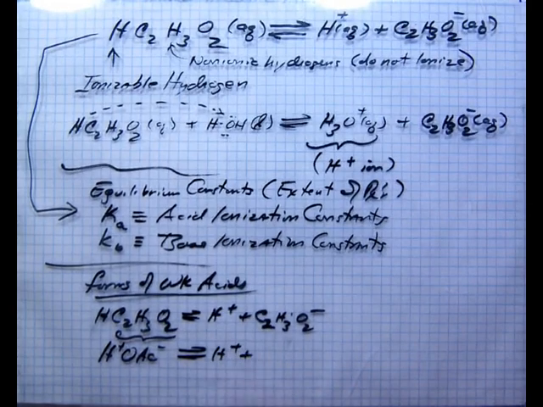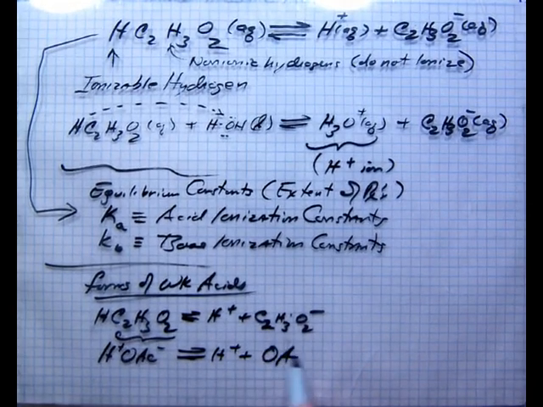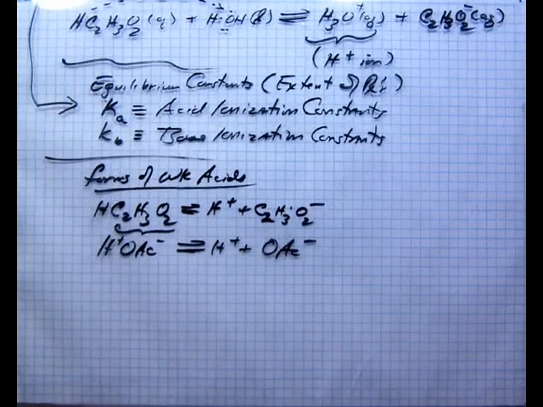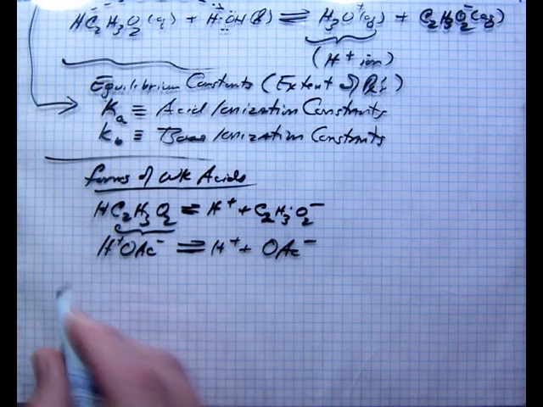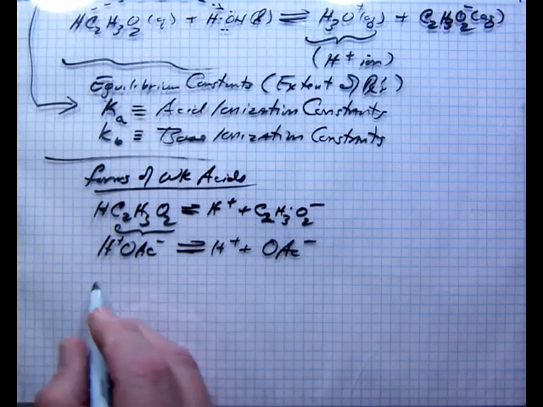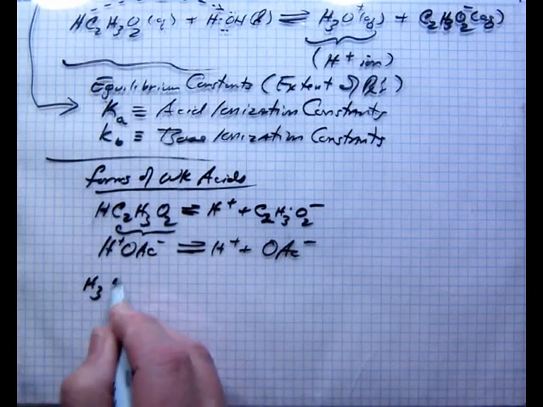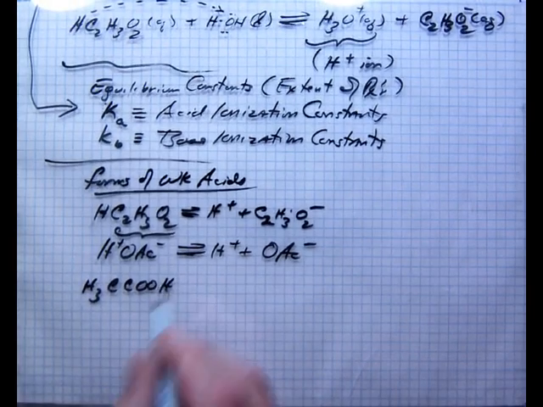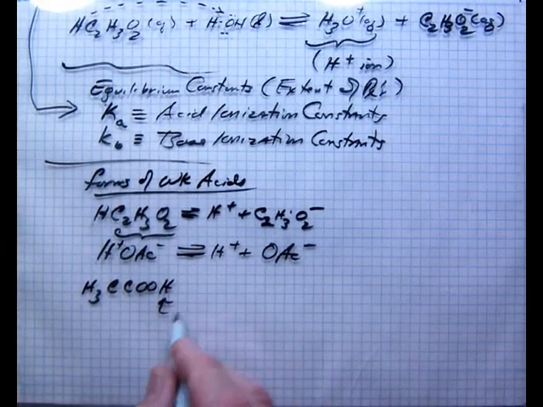It just saves pen and pencil, I suppose, but it's a common practice. You'll also see acetic acid written in a semi-structural graphic form, like this, with the acidic hydrogen on the end.